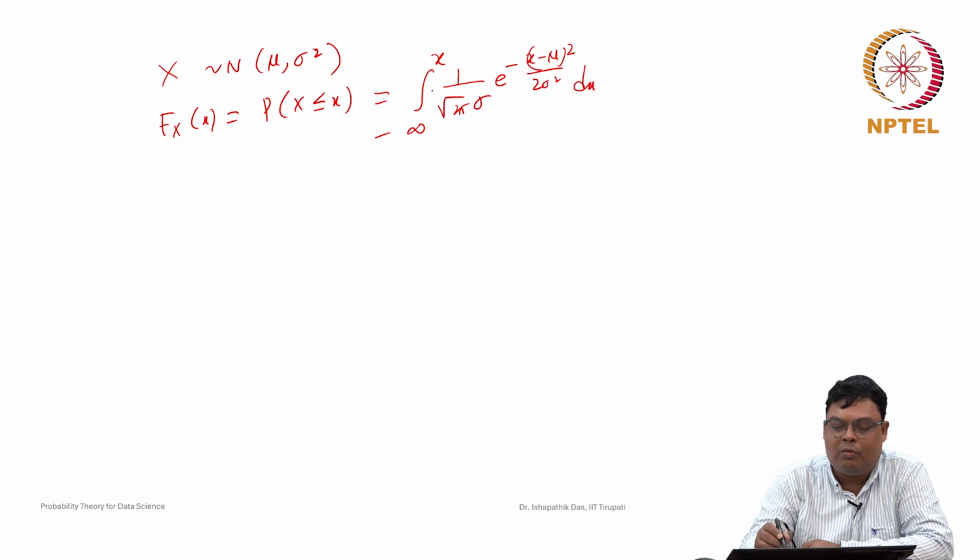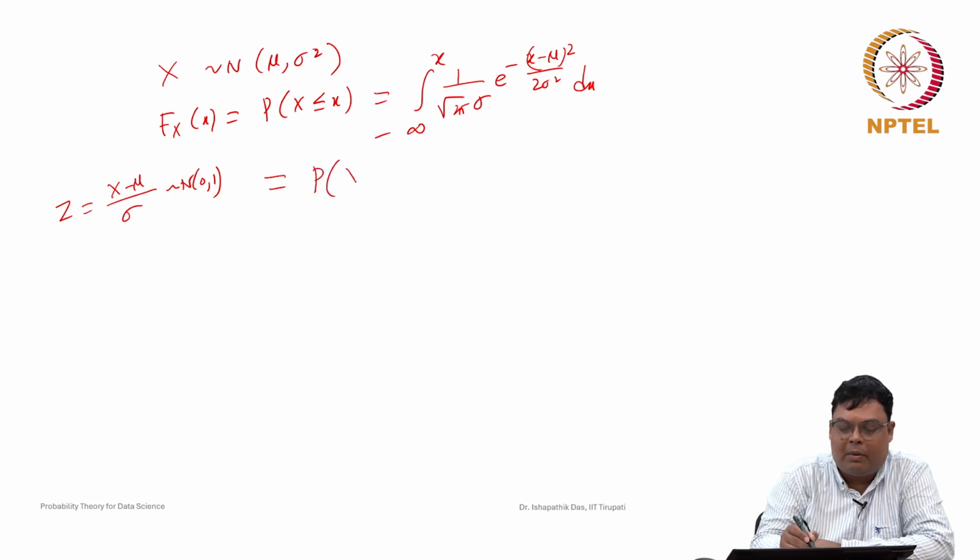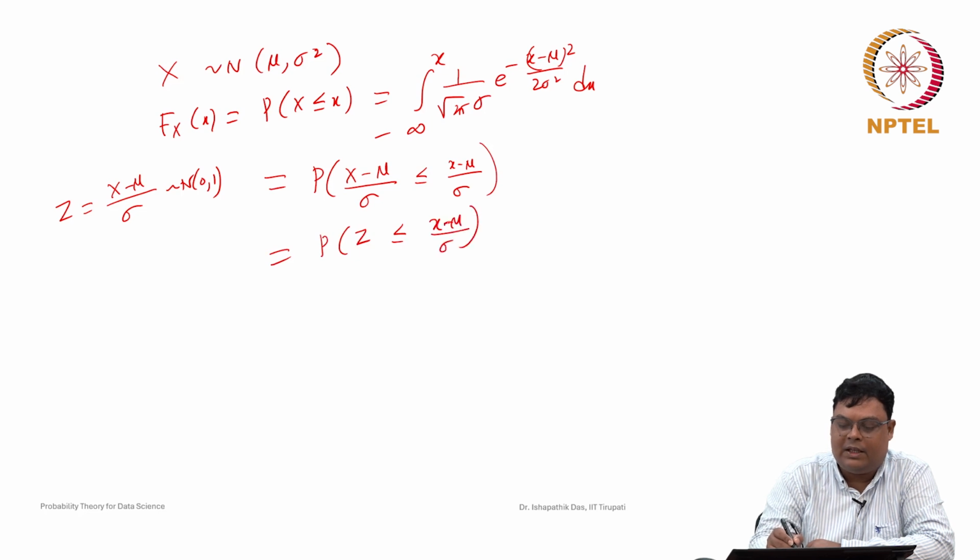So, you would have to do numerical integration, but we can use a transformation. Because Z equal to X minus mu by sigma has normal 0, 1. So, this probability is equal to the probability that X minus mu by sigma is less than or equal to x minus mu by sigma, where small x is a real number. Now, X minus mu by sigma is nothing but Z, so this is the probability that Z is less than or equal to x minus mu by sigma, and this value we know.